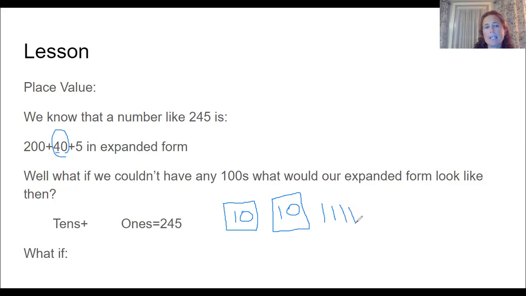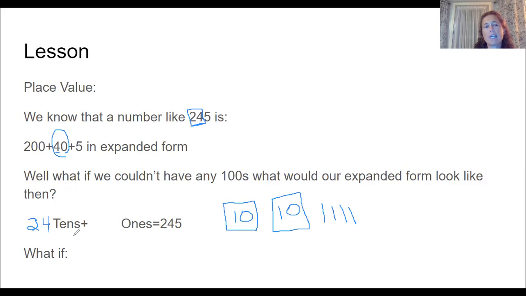So how many tens would we need if we weren't going to have any hundreds? We would need 10 from this 100, 10 from this 100, and then the 4 that we have, which is 24, okay? If we look here, it shows us the same thing at the beginning of our number. Now, we have 24 tens.